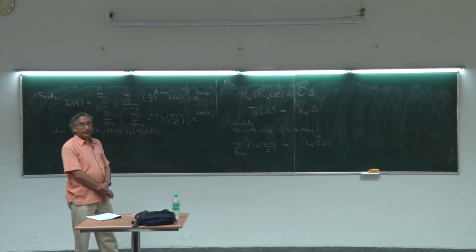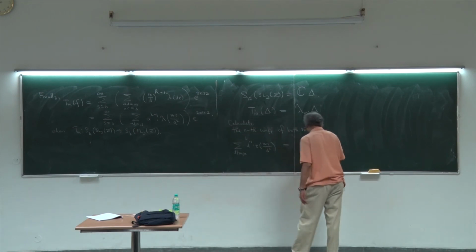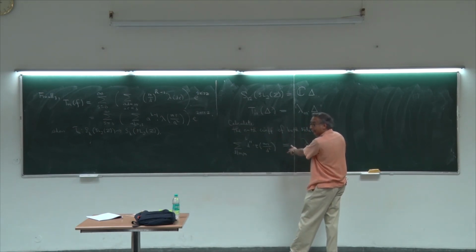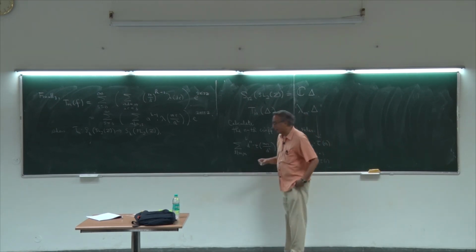Now, put in n equals 1. What's the first coefficient of the Ramanujan cusp form? 1, good. So tau 1 equals 1. So this is true for every n. Put n equals 1. And you get tau of 1, which is 1, times lambda m equals, let's see what happens on the left-hand side.